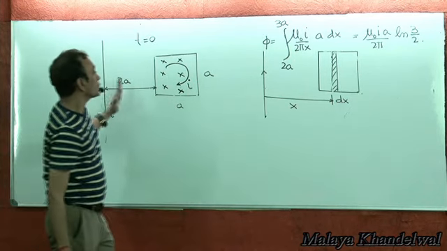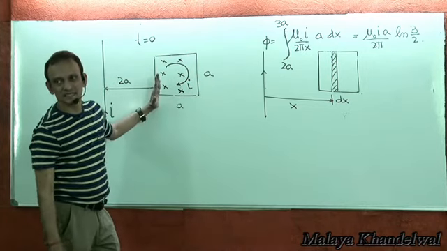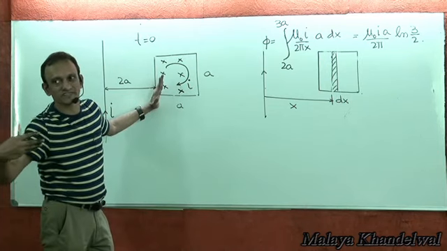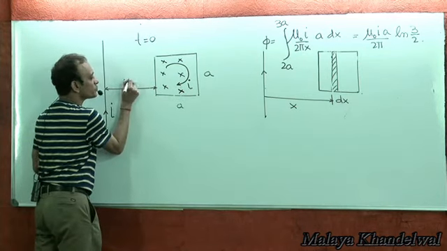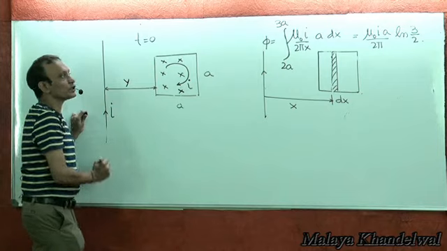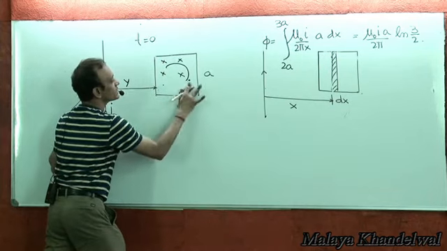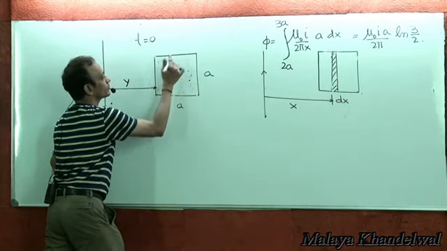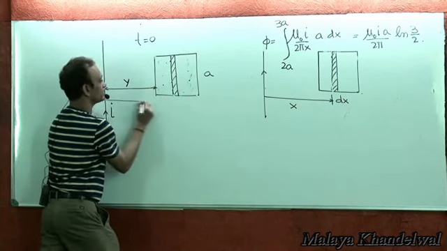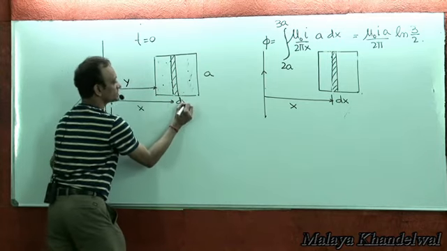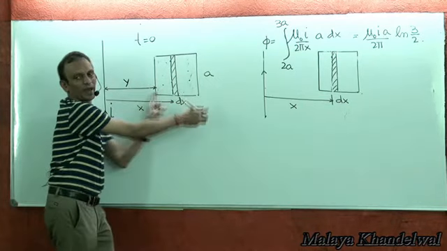Now you can calculate the flux when the loop is at a certain distance y, and let's say y changes with time. You would get the rate of change of flux with time. At a certain instant, when the loop was at a distance y, I would take a strip of this kind at a distance x and of thickness dx. Then the same integral, except that x now runs from y to y plus a.